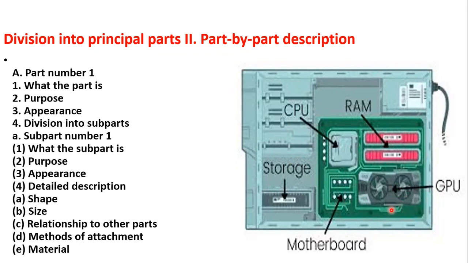Now, for the understanding or for the writing of the mechanism, we have part number one. The part number one is the CPU. What the part means, what the CPU is, what the purpose of the CPU is, the appearance of the CPU, and the division of part one, meaning the CPU, into the other parts.